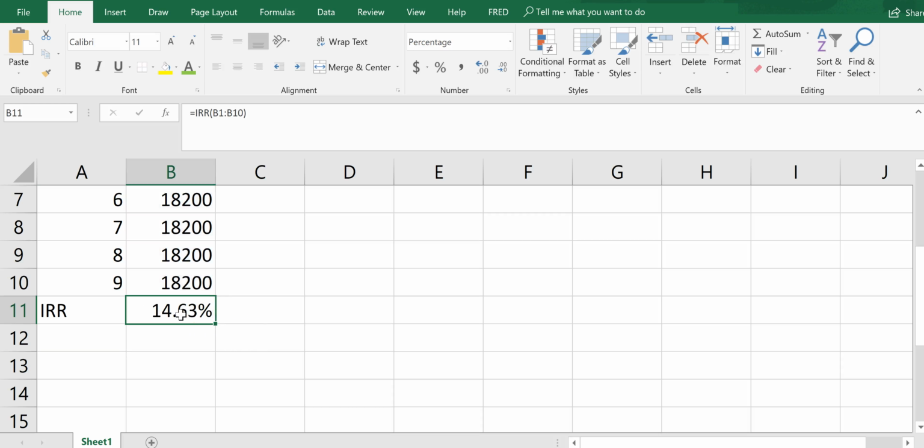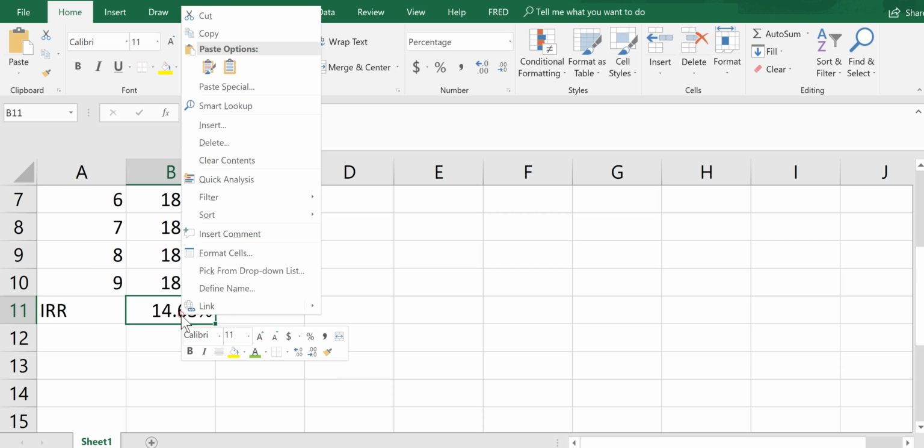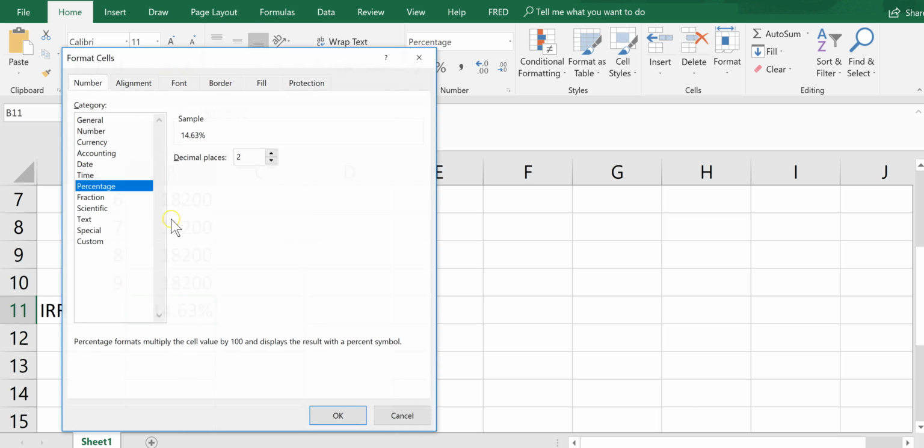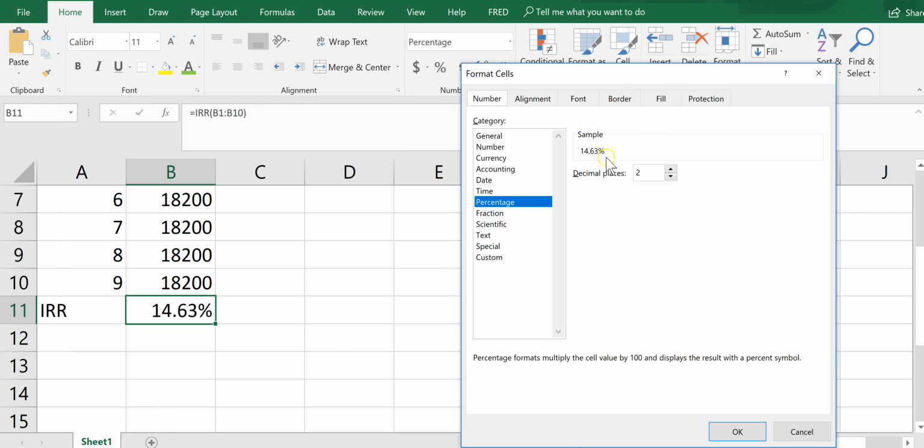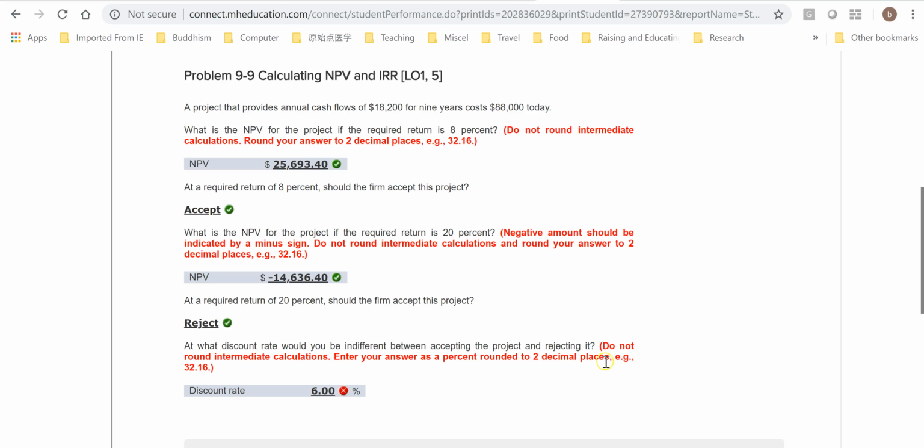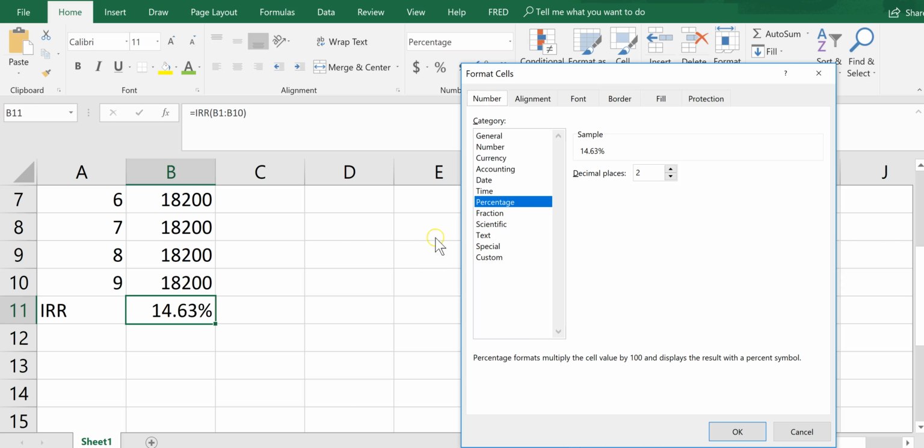I already set up the cell format to keep 2 decimal places. If you go back to the question, the rounding requirement says do not round intermediate calculations, and enter your answer as a percent rounded to 2 decimal places. That's why I enter the answer as a percent rounded to 2 decimal places.